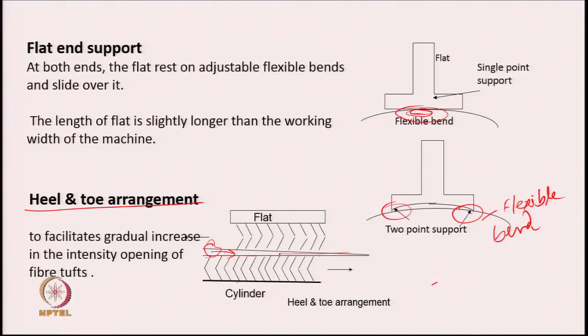Therefore, we need to make sure that the gap that exists between the wire points of the flat and the cylinder, for each and every flat, is large at the entry point of the tuft, and as it moves out of this one single flat zone, then this is a little less, and therefore, the fibers are going to receive mild opening actions and chances of breakage will reduce.